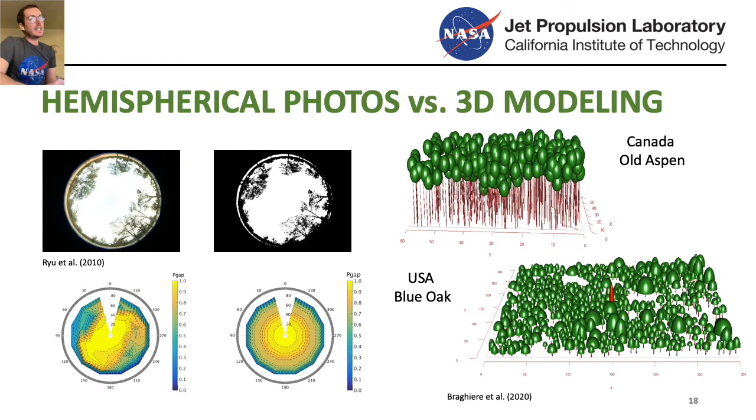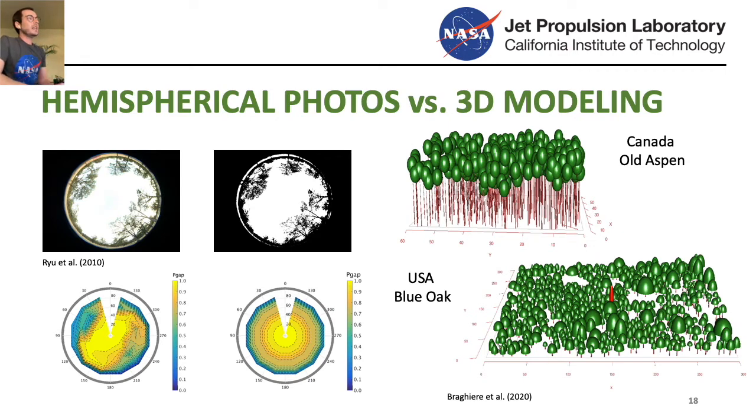So basically, the way we tested was we compared 2 sites, okay? One is a dense old aspen site in Canada, and the other one is a sparser blue oak savanna in the USA, here, Tonzi Ranch in Northern California.